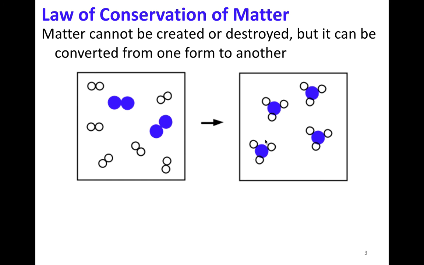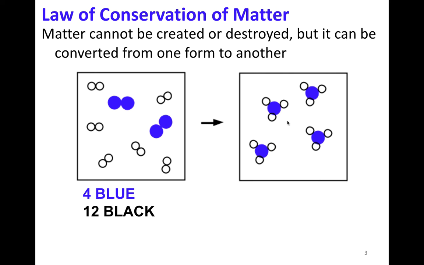On the left are the reactants, so I have a combination of two blues, and that shows up twice. And then I have 2, 4, 6, 8, 10, 12 black circles showing up as a combination of twos. If I look up, the arrow means a reaction is taking place.